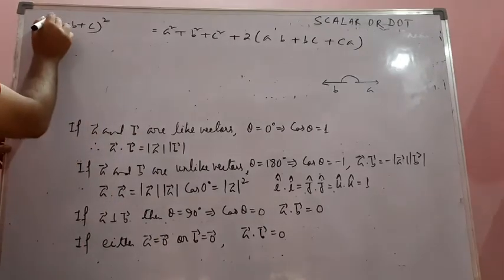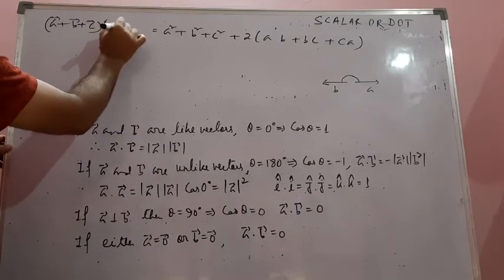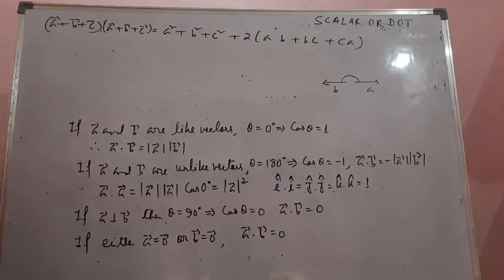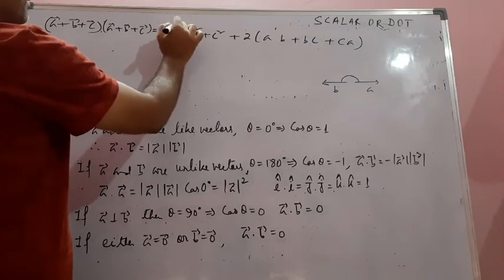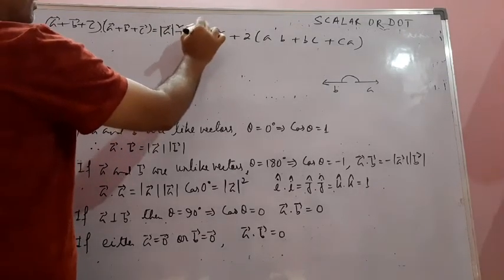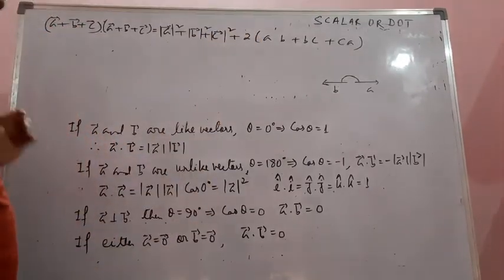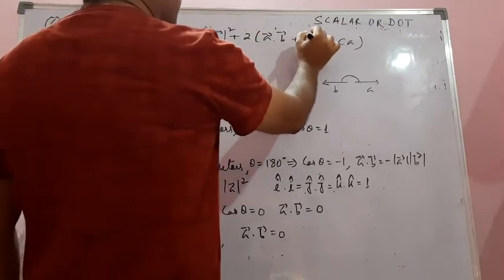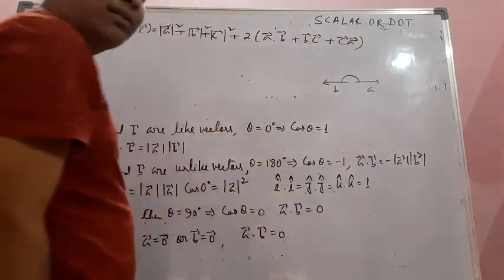So here also, if a, b, c are vectors, then a plus b plus c dot a plus b plus c will be magnitude of a square, magnitude of b square, magnitude of c square, plus twice (a dot b plus b dot c plus c dot a).